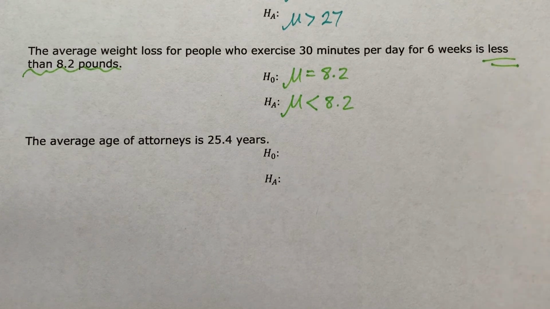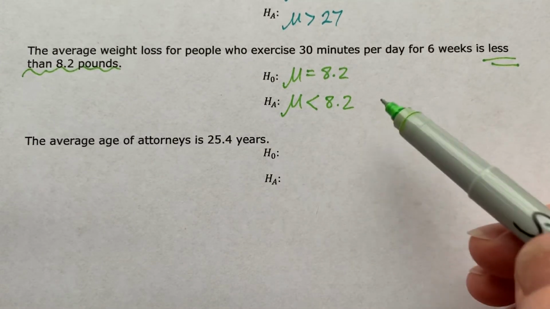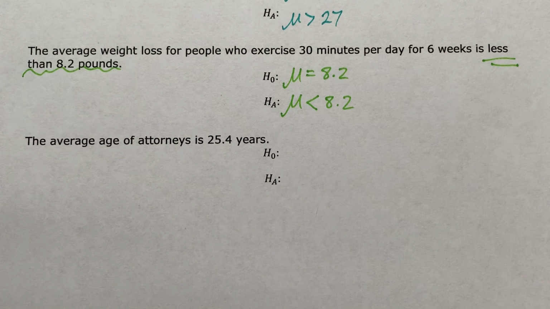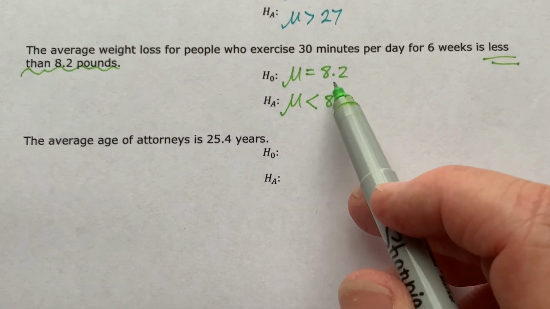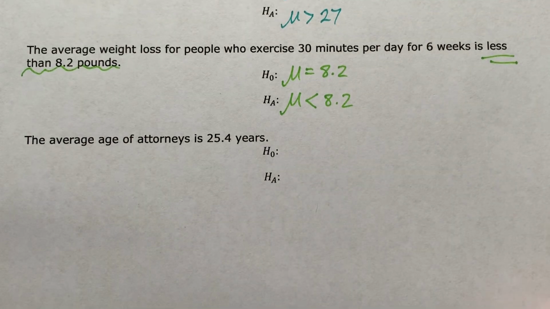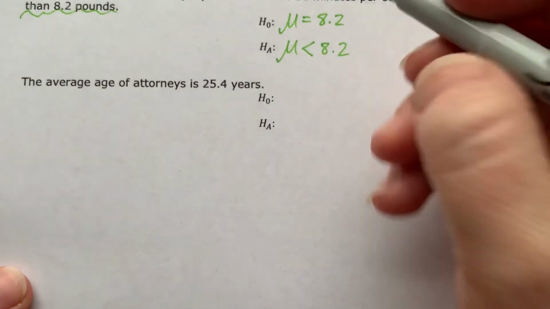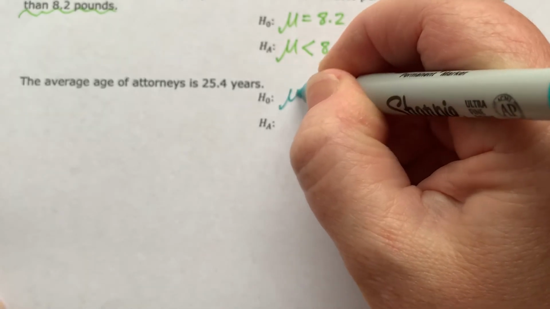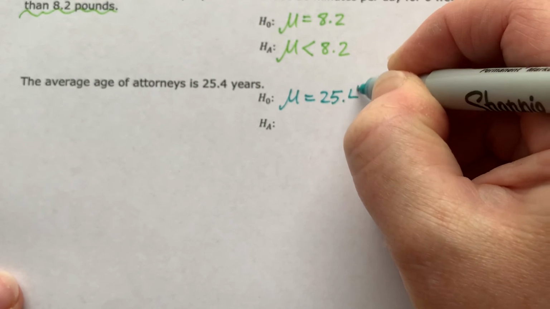So my question is, when I have this variability, what is going to be the cutoff for this variability to be significant, so that I would be able to say, no, it's not 8.2, and no, it's not normal variability? The last one is the average age of attorneys is 25.4. So the mean age of attorneys is 25.4.